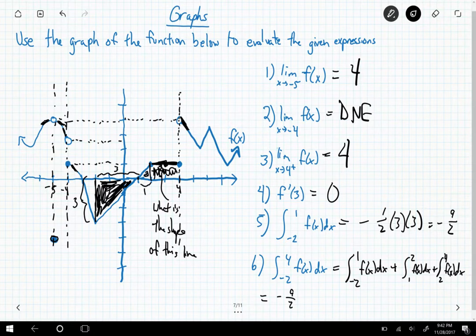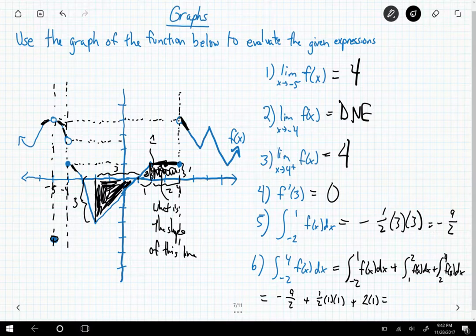The triangle has a base of 1 and a height of 1. So this would be plus 1/2 times 1 times 1, plus a rectangle's area. It's just length times width. So plus 2 times 1.